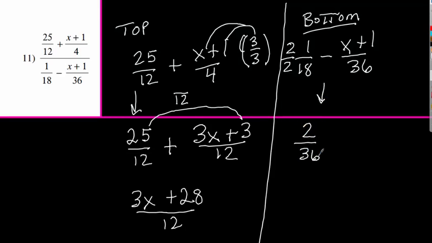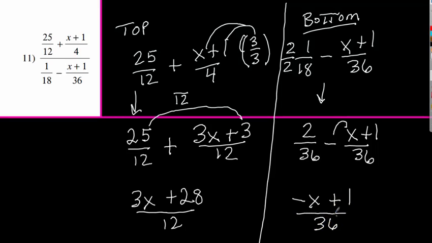So that would give me 2 over 36 minus x plus 1 over 36. If I put those together, that negative is going to go with that. So I'm going to get negative x, and then 2 minus 1 would be plus 1 over 36.